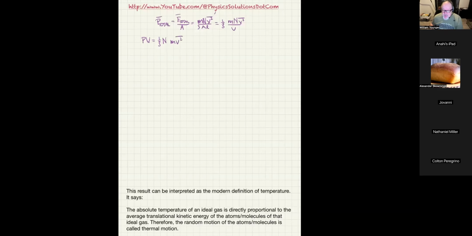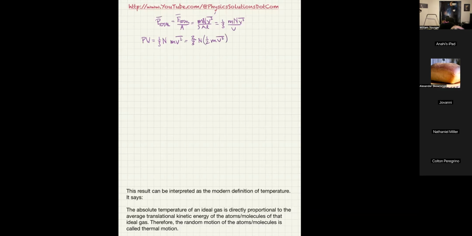Okay, now that looks like kinetic energy, and that's really what I'm shooting for. So if I multiply by 2 and multiply by 1/2 at the same time, then I'm just multiplying by 1, so that's okay. So I'm going to go ahead and say this is 2 over 3 n times 1 over 2 mv squared bar.